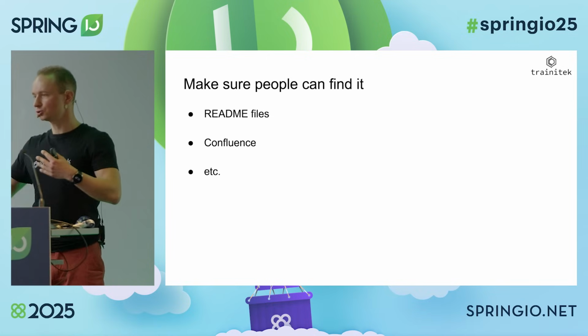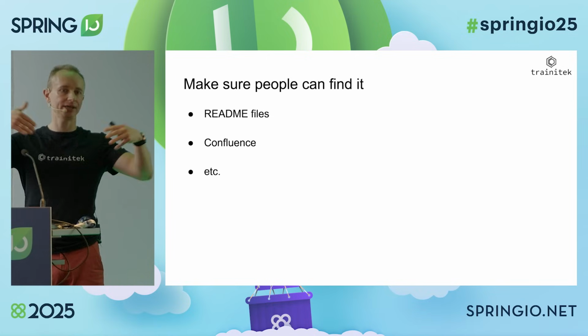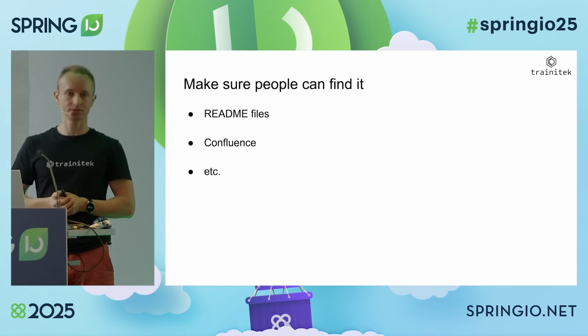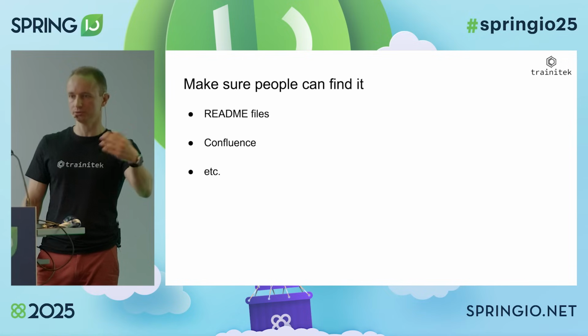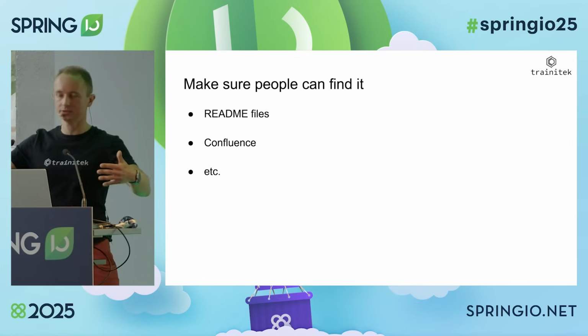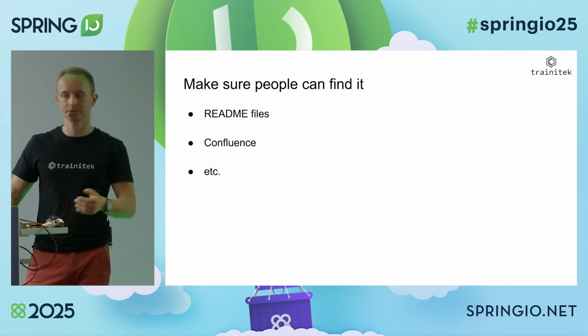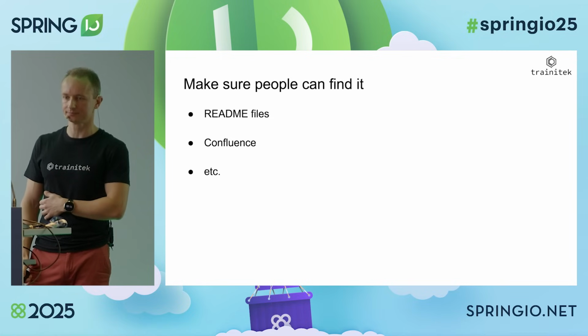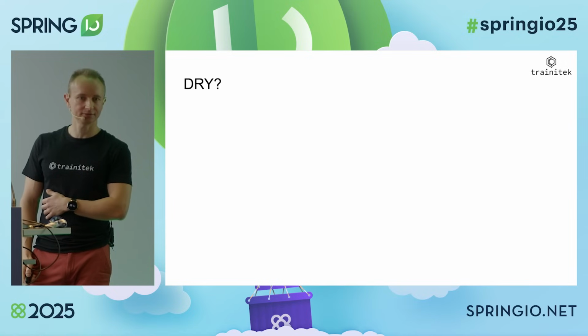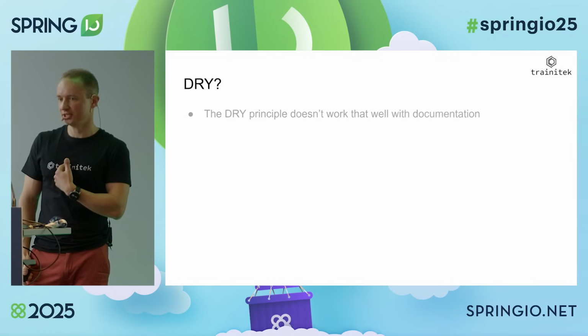What I mean is that you should have several entry points to your documentation. Maybe one entry point in Confluence with the link to your README file. Another entry point is the README file itself, so people can find your documentation from different places, not only the README file. To DRY or not to DRY in the documentation. My choice is not to DRY.